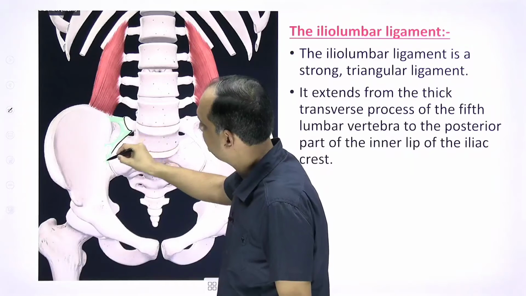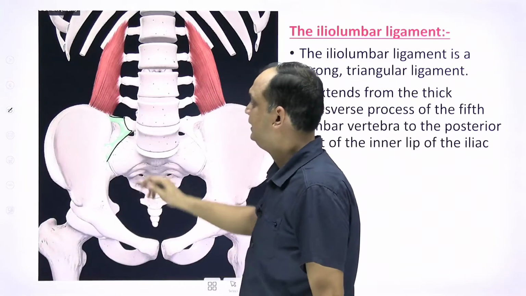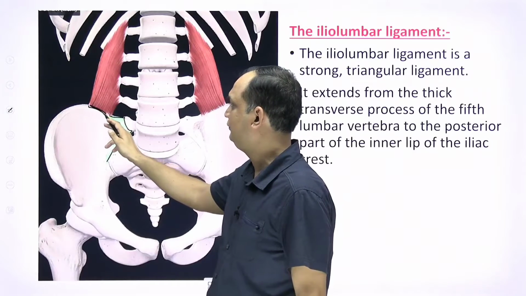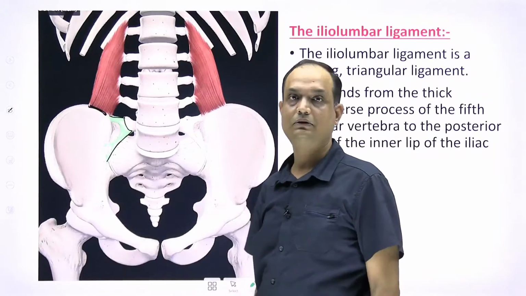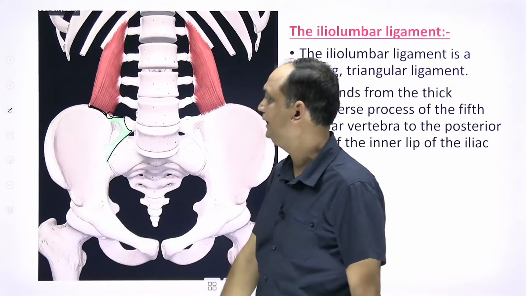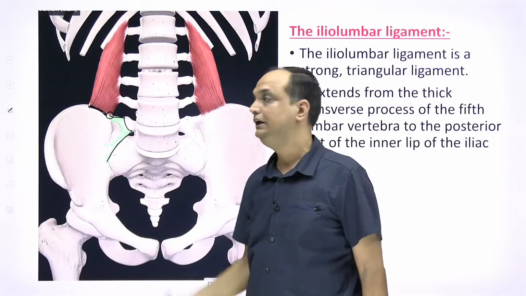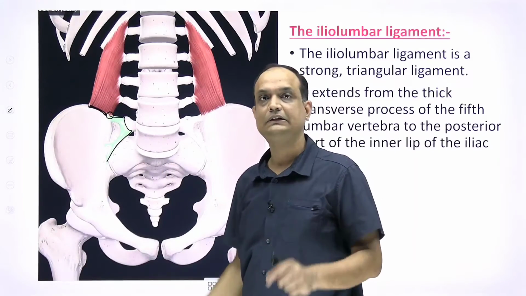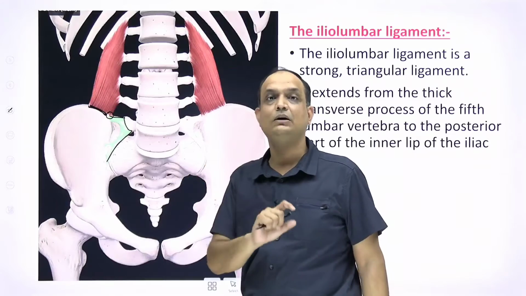This green color is your iliolumbar ligament. This muscle takes origin not only from this part of the iliac crest or hip bone; you can see that these fibers are also taking origin from the iliolumbar ligament. Clear?